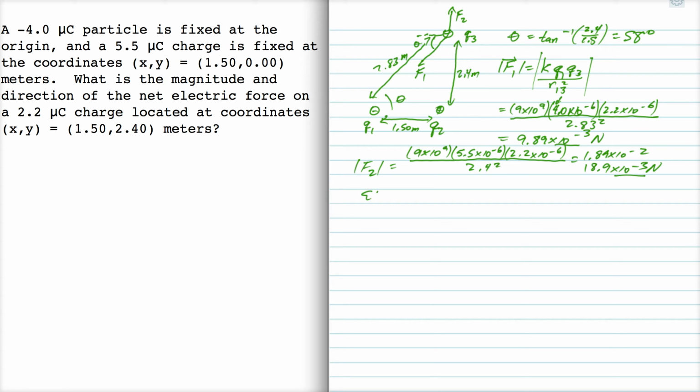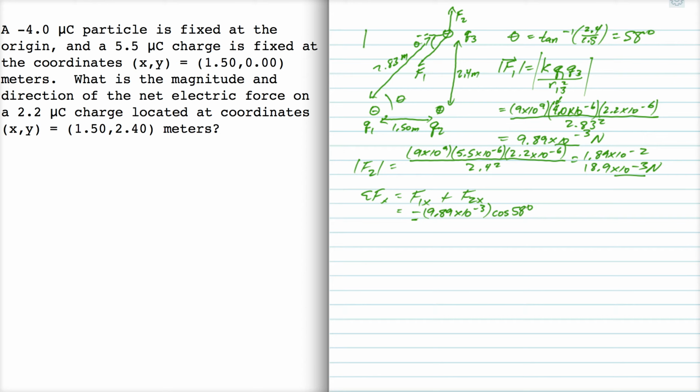the sum of the x forces is the x component of F1 plus the x component of F2. The x component of F1 is minus 9.89 times 10 to the minus 3 times cosine 58 degrees. Now you notice this minus sign.